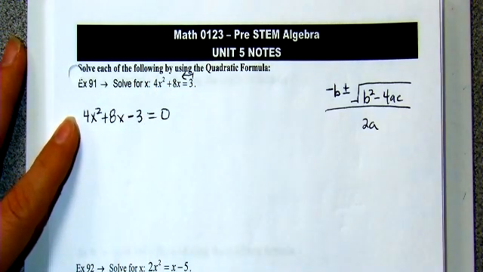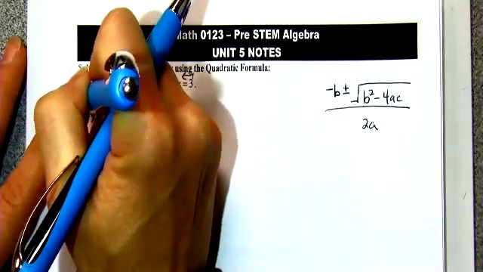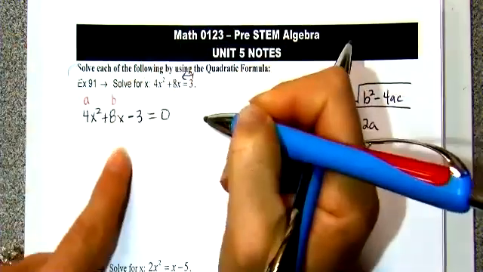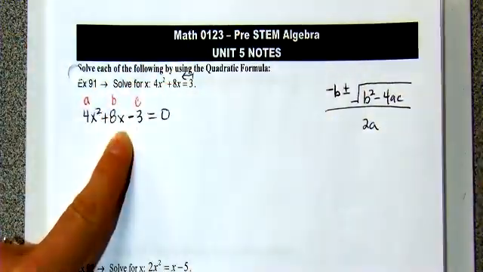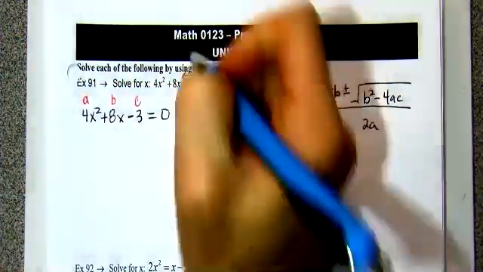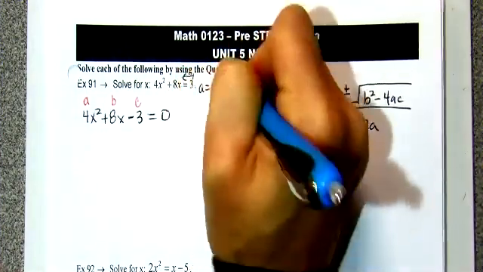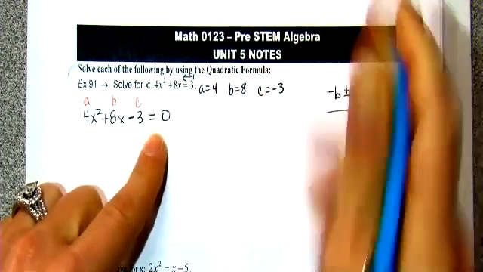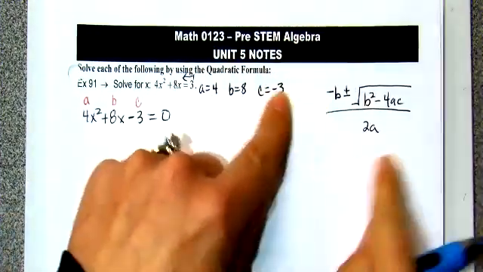And then we identify values for A, B, and C. So the number in front of your x squared is your A, the number in front of your x is your B, and your constant is your C. So sometimes I write it over here just to show you, instead of writing it above, so that you can see those values.